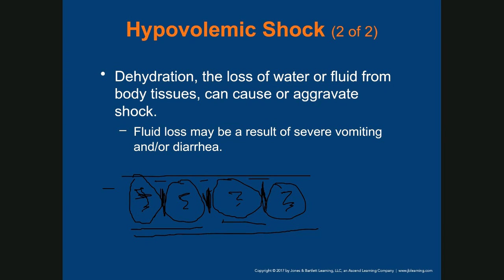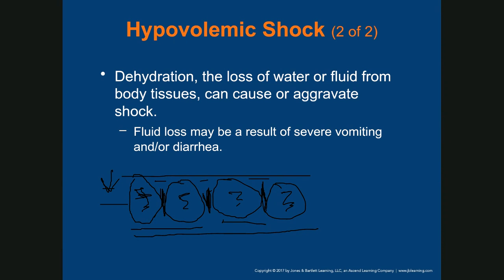Now, when a patient is vomiting excessively or has diarrhea, the fluid that is inside of the blood vessel, the plasma portion of that fluid, is depleted, right? There is a drop in the intravascular fluid.